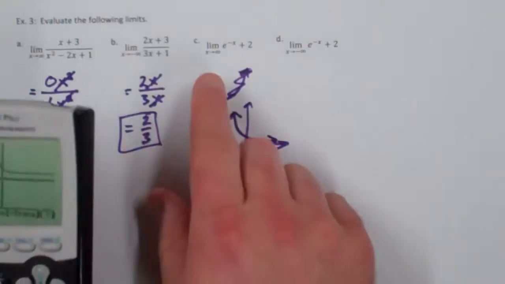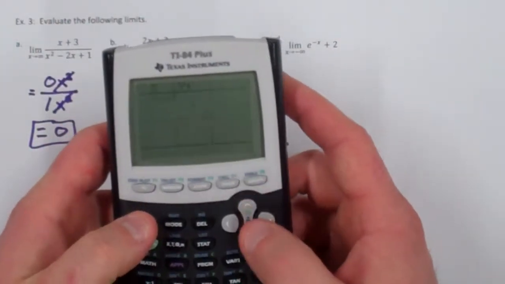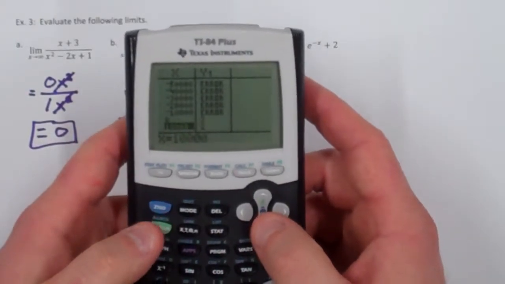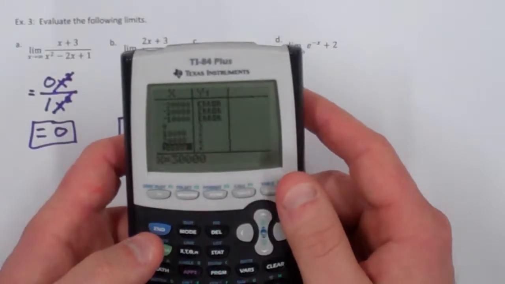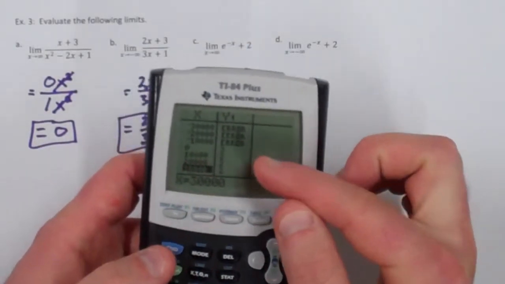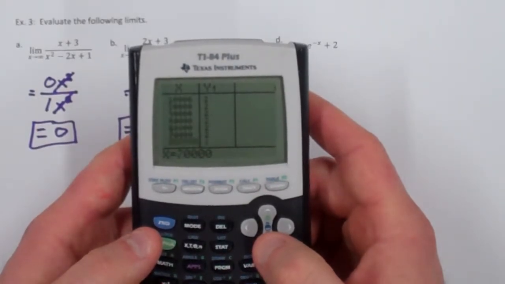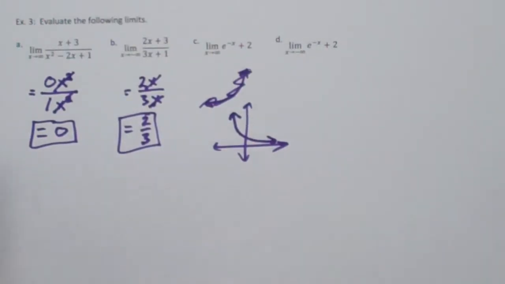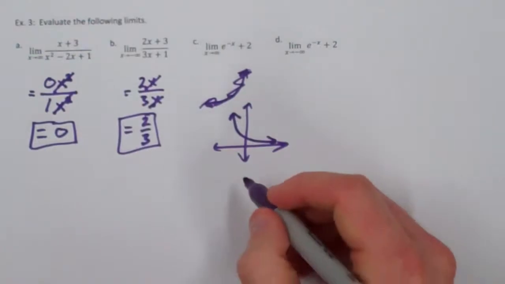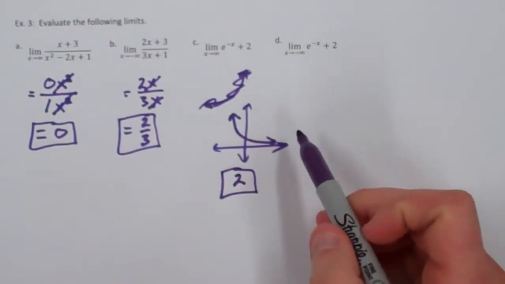So if we're investigating the limit as x approaches infinity, if we go to that table that we had before, and go to the right, towards infinity, you can see that that value is basically 2. And we can write that here for our answer.